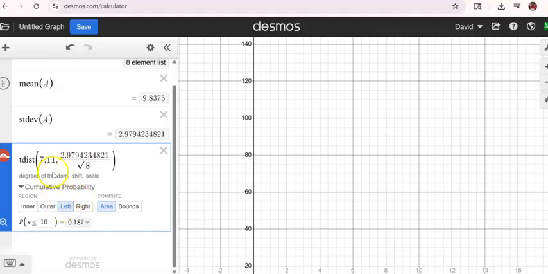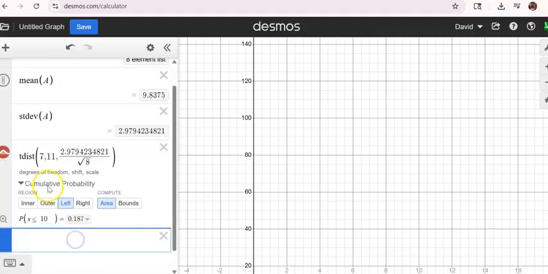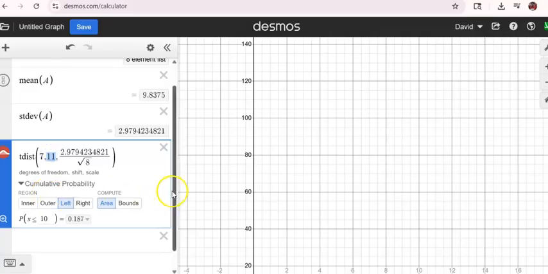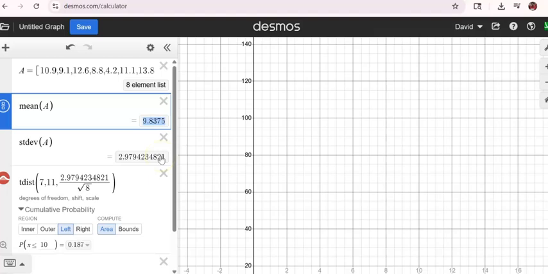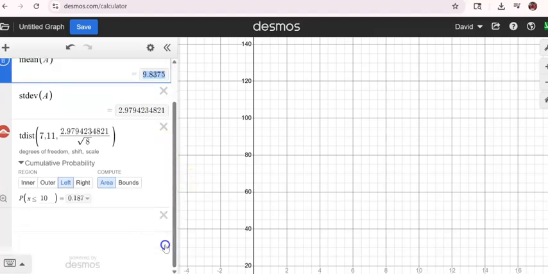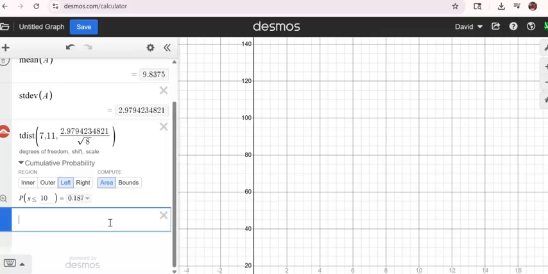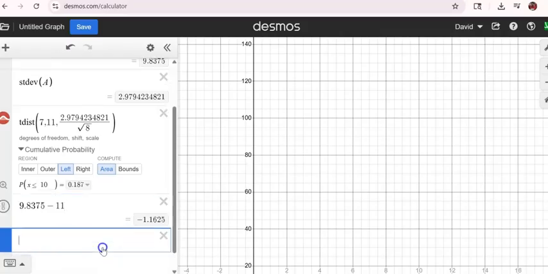Now, you got to be a little bit careful here with the two-tailed test. This 11, that's our population mean. This is our sample mean. So you can see I am below the sample mean. So take the sample mean that you got, subtract the population claim mean, and that's how far below we are.